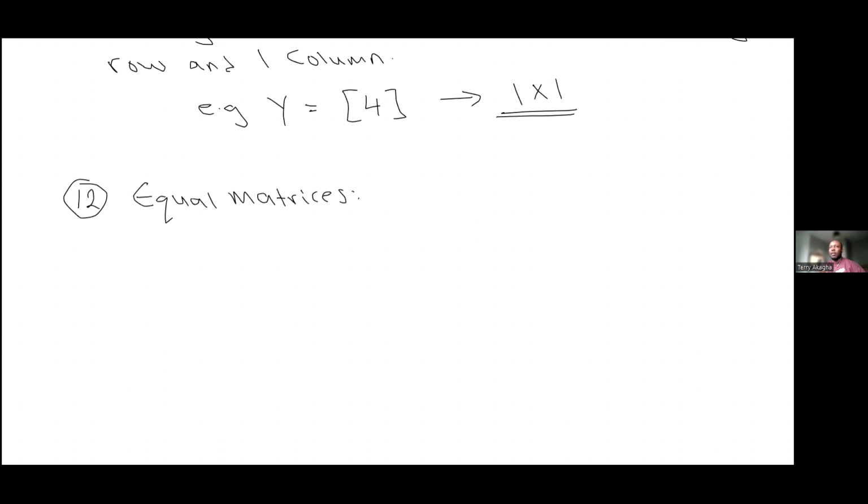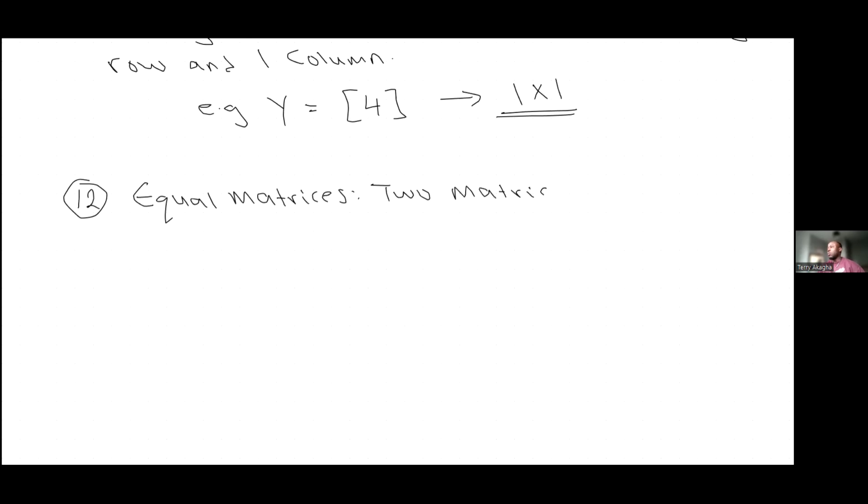That means all the elements in the right order are the same, so the two matrices must be of the same order and all the elements there are equal.